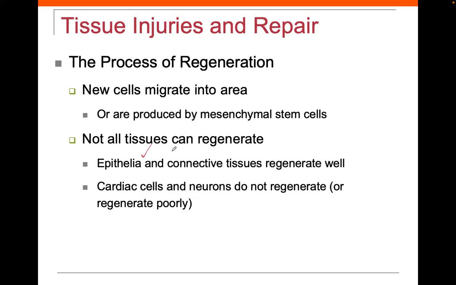We know that epithelium and connective tissue, those can regenerate pretty well. But when someone has lack of oxygen and lack of nutrients to the heart, or when you have lack of oxygen to the brain or your neurons, when those things start to die, they cannot regenerate. Okay. You can manufacture new ones, but the ones that are dead cannot regenerate at all.